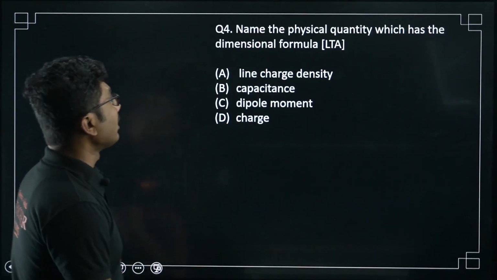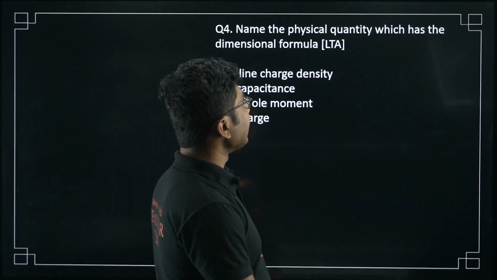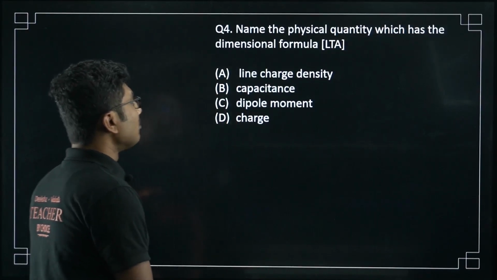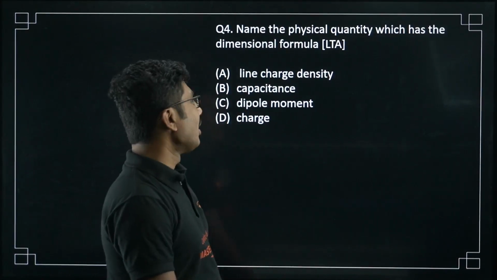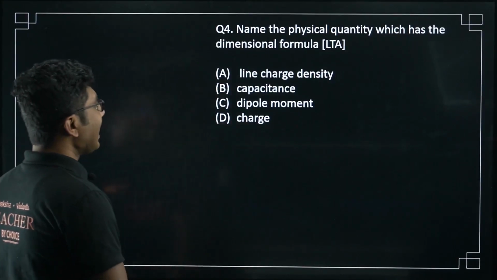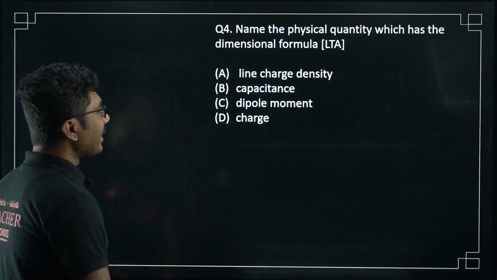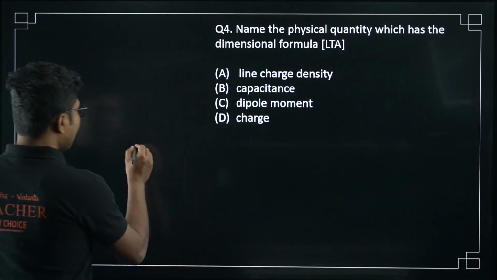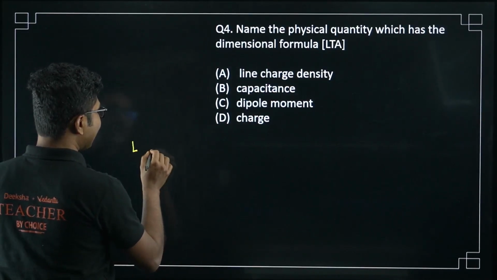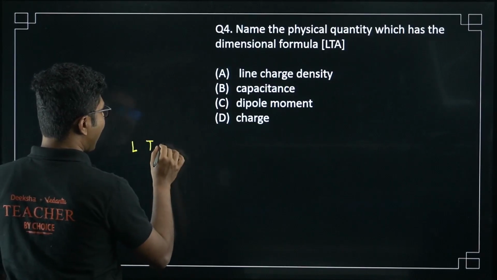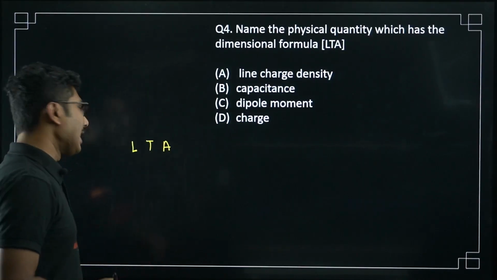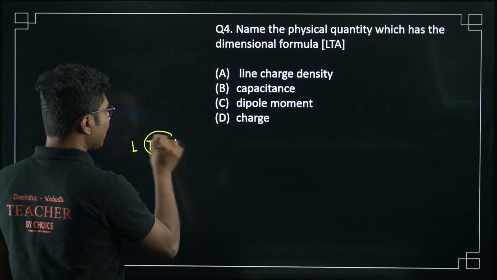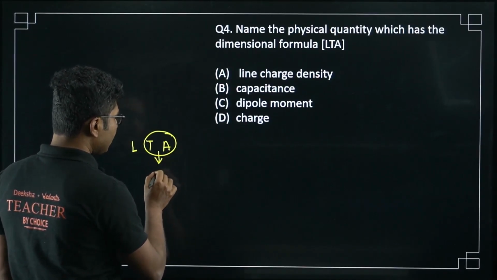Now let's move on. Name the physical quantity which has the dimensional formula LTA: line charge density, capacitance, dipole moment, or charge. So what is LTA? L is the dimension for length, T is the dimension for time, and A is the dimension of current. Now if you remember, A into T is the dimension of charge.